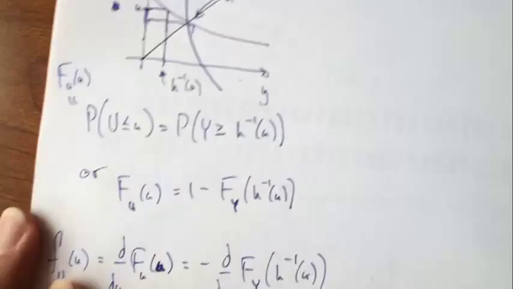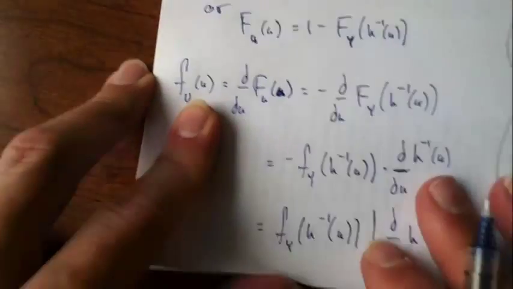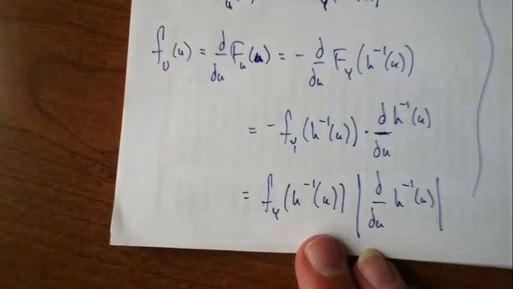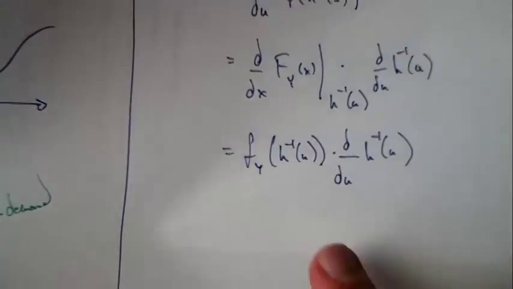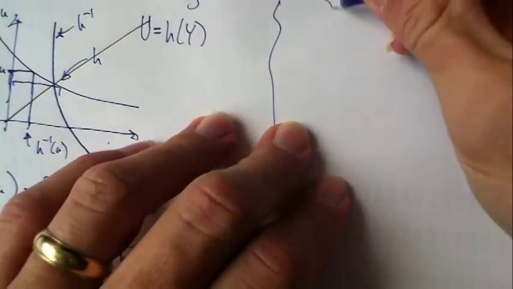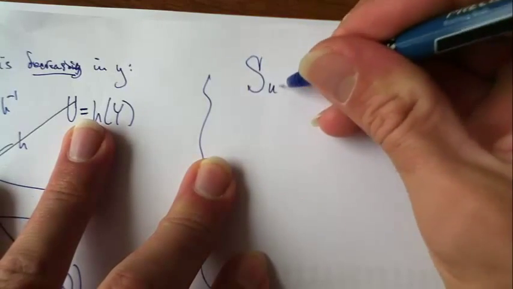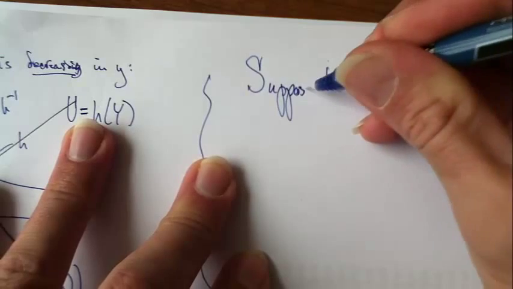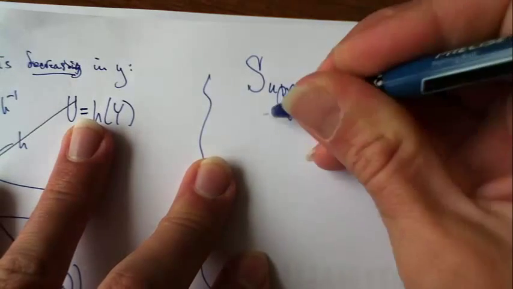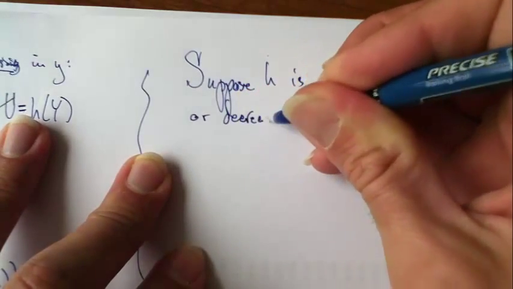And in fact, this looks just the same as what we had before, because before we had something like that. So what we can say is a more general, all-encompassing statement here. Suppose h is increasing or decreasing, not both, but either one.